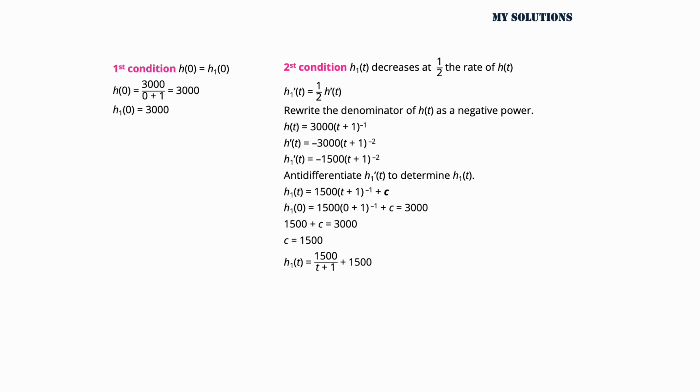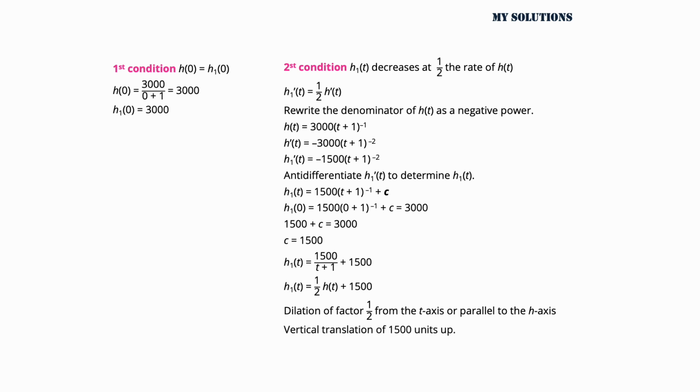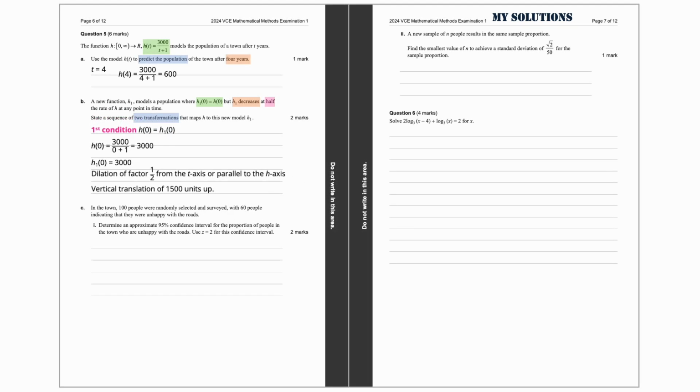In other words, h1 of t equals a half h of t plus 1500. So the two transformations are a dilatation of factor of a half from the t-axis or parallel to the h-axis, and the vertical translation of 1500 units up.